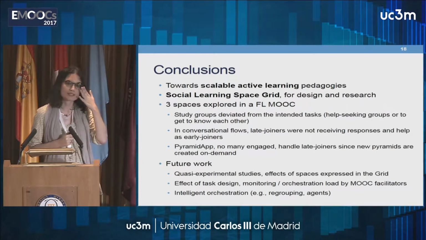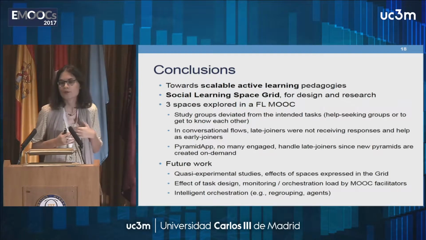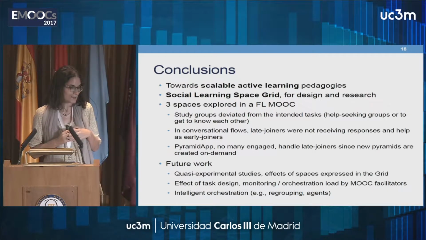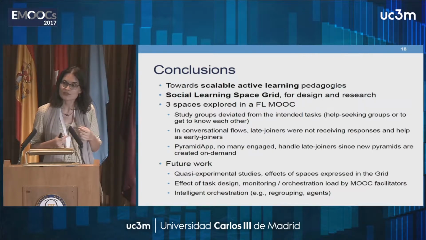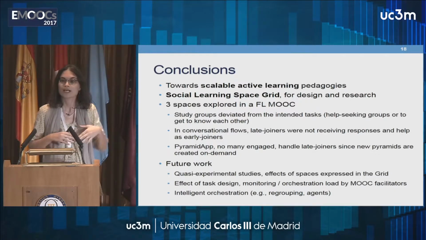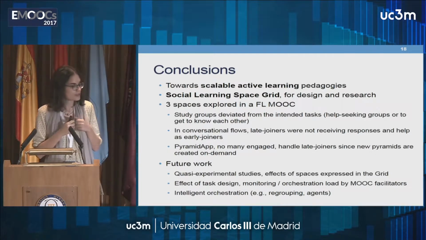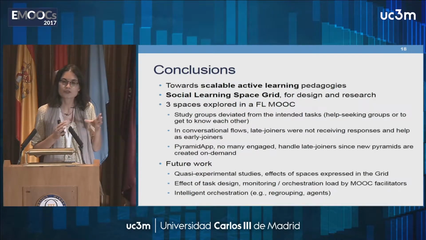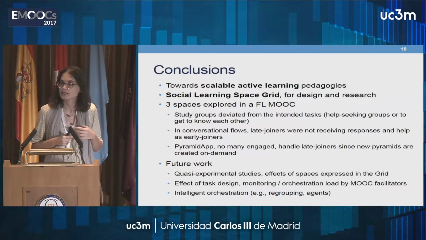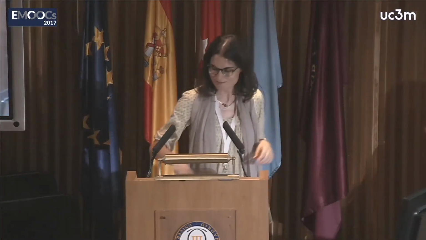We have explored three spaces, each of them with challenges and opportunities, and as future work, we plan to do more experimental studies, comparing the different approaches, taking care also of the design of the task, trying to understand the monitoring, the orchestration load that each of the approaches requires from the facilitators, and how intelligent solutions, artificial intelligence solutions, can also support these social learning activities, the richness of these social learning activities in the context of MOOCs. That's it. Thank you very much.